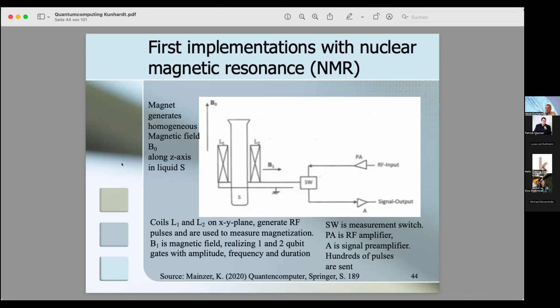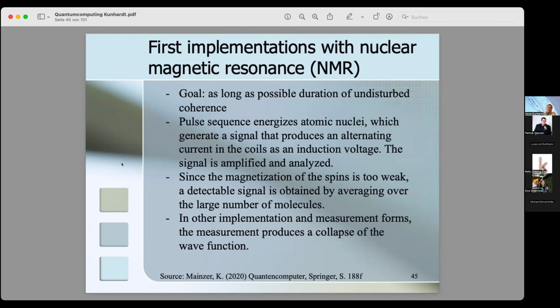We measure the system again with a radio frequency amplifier and a signal preamplifier. In this system, hundreds of pulses are sent in order to make these measurements. A very simple technical design, but it works. We know that very well from medicine.